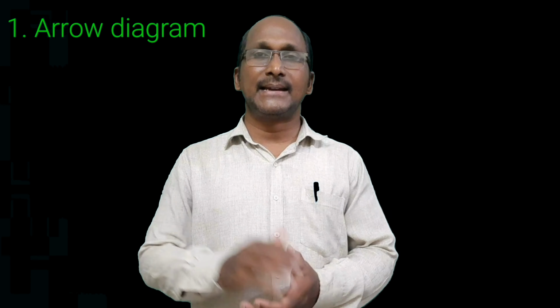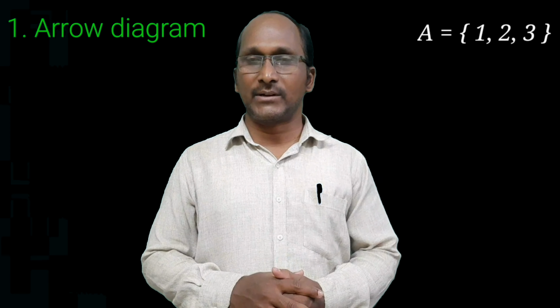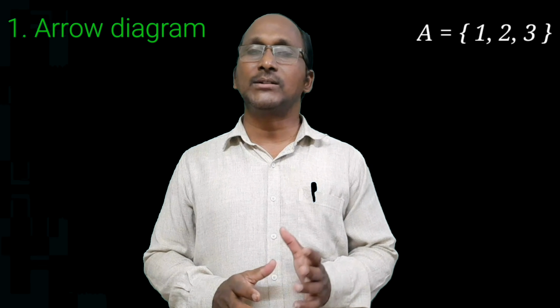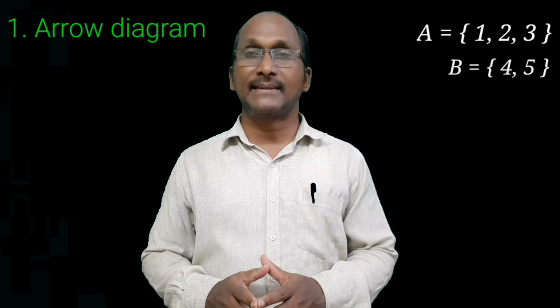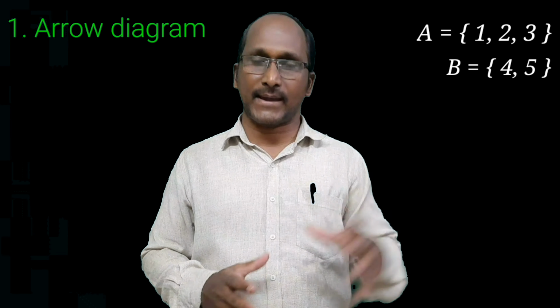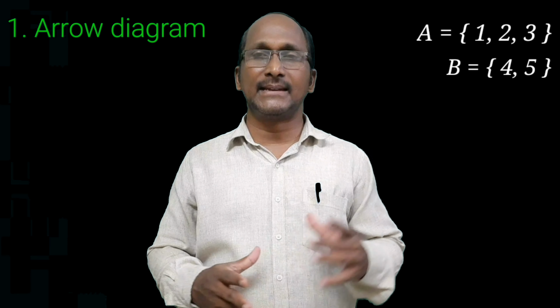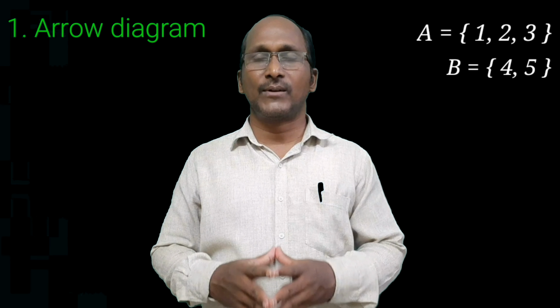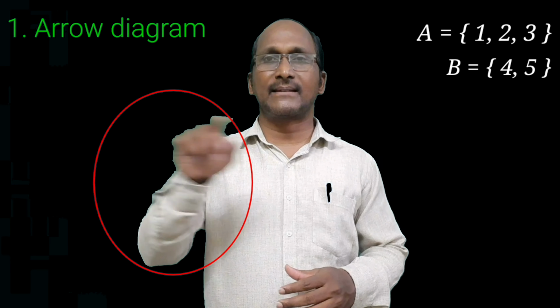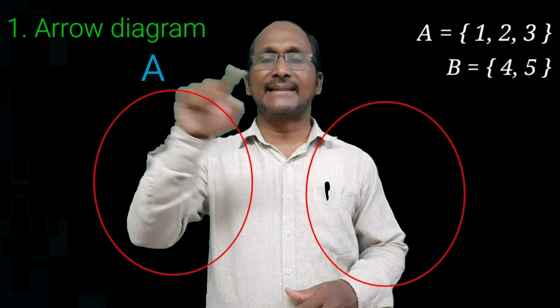For this, let us take the previous example, that is A is equal to the set {1, 2, 3} and B is equal to the set {4, 5}. To represent A cross B in an arrow diagram, first we take 2 circles to represent the sets A and B.